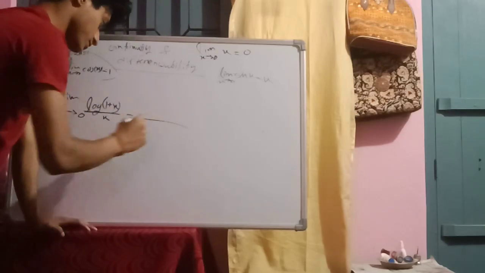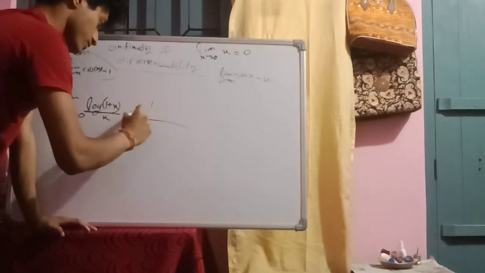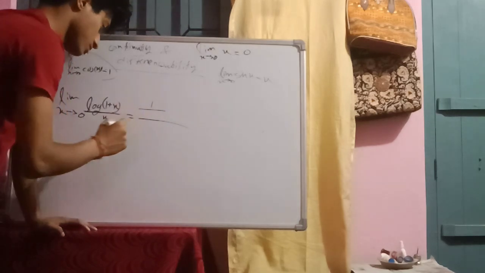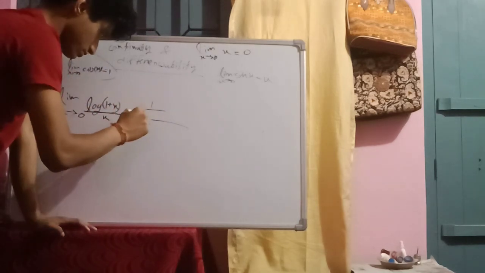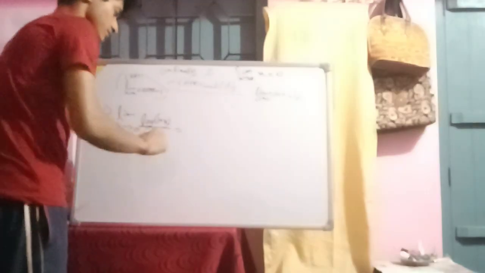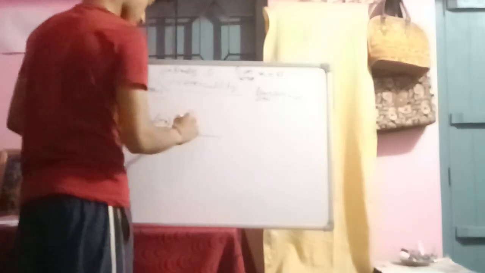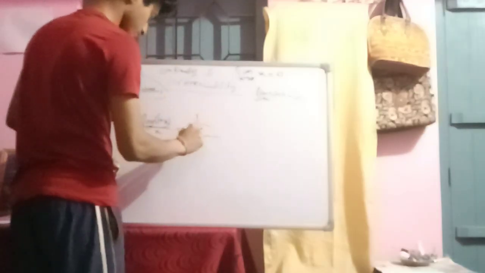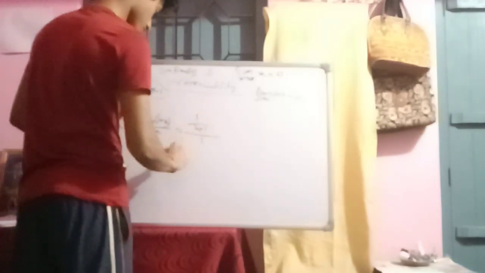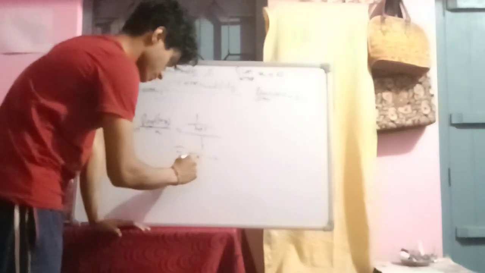On the numerator, we're going to have 1 over x plus 1. Differentiating both the numerator and the denominator would give us 1 over x plus 1 over 1, that is just 1 over x plus 1.